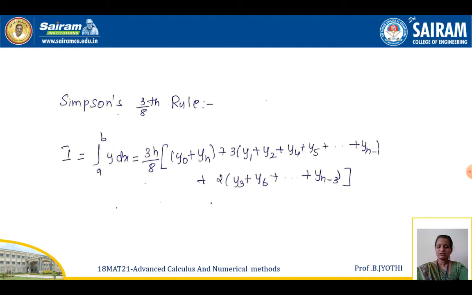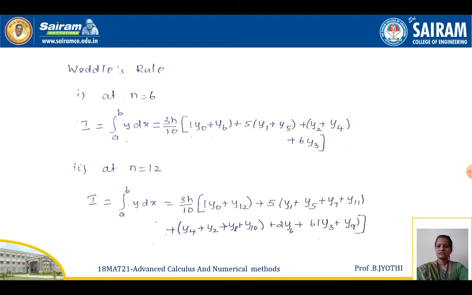How to remember this: the first and last terms should be added, 3 times all the suffixes except the multiples of 3, and 2 times all the suffixes that are multiples of 3.